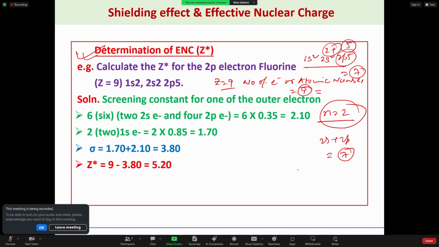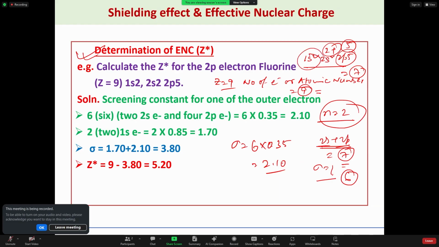But when we are doing the calculation of this shielding effect, the sigma, we have to subtract one electron, because we are calculating for that one electron, so we cannot consider it. So for n equals 2, the number of electrons will be 6. For the 2s and 2p orbitals, the sigma value will be 6 into 0.35 equals 2.10.